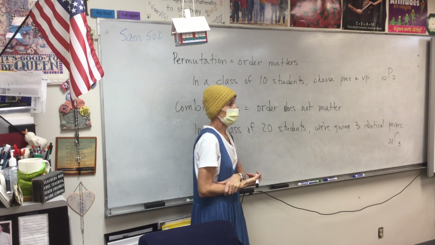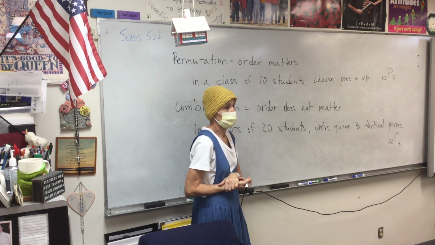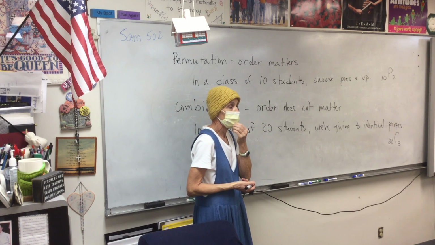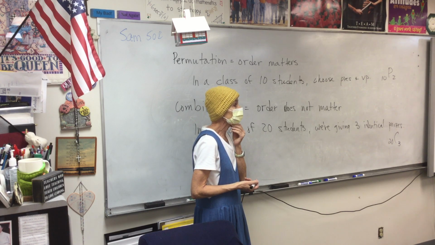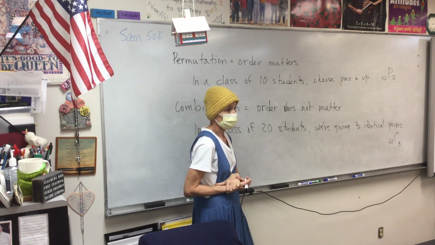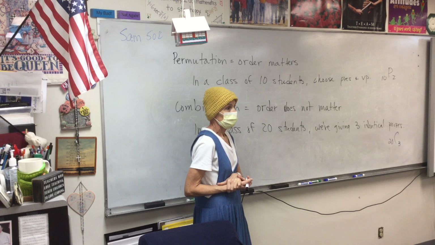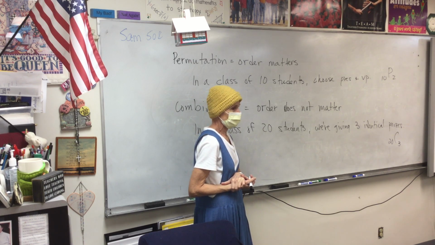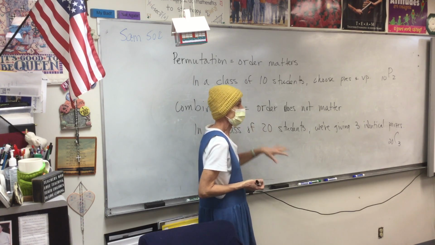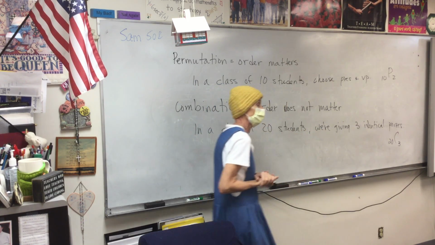What else did we talk about yesterday? We talked about a lot of things yesterday. That's why I want to recap a little bit before I give you a little quizzy pool. So what else did we talk about yesterday? Besides P's and C's, what else? Factorial.